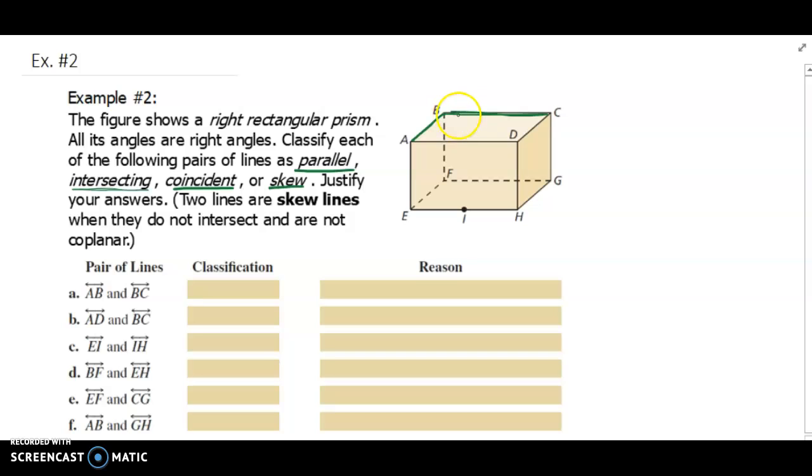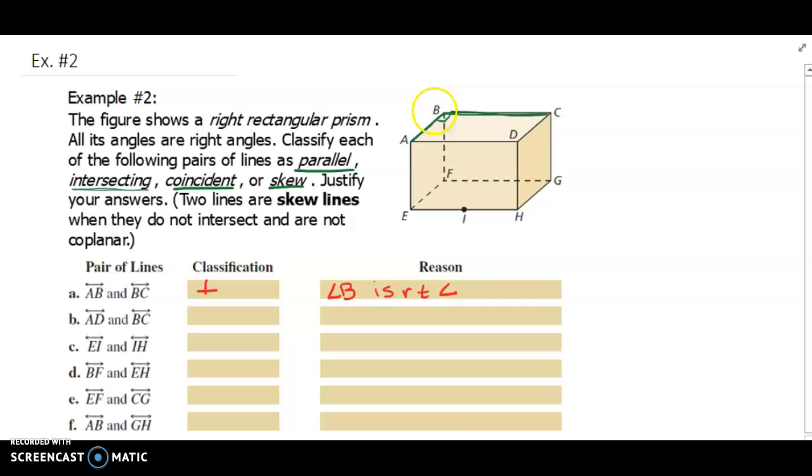Well, this is a right rectangular prism, which means this is a 90 degrees. So these would be intersecting lines, but rather than writing intersecting, I'm going to write they're perpendicular lines. So I'm just going to put this symbol. They are perpendicular, and I know that because angle B, which is the point of intersection, is a right angle.